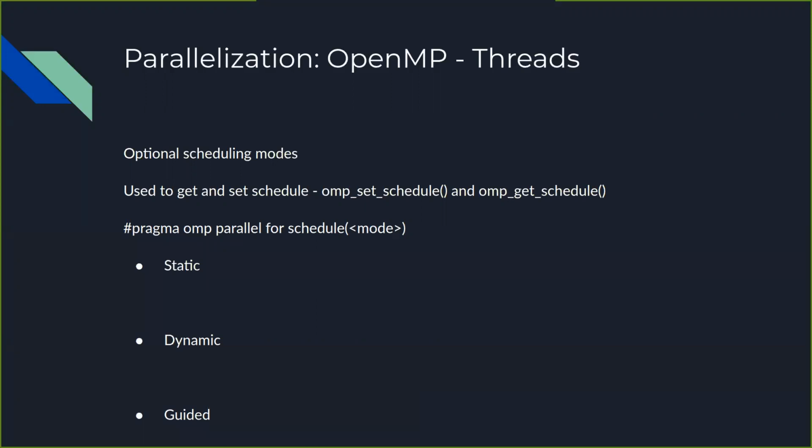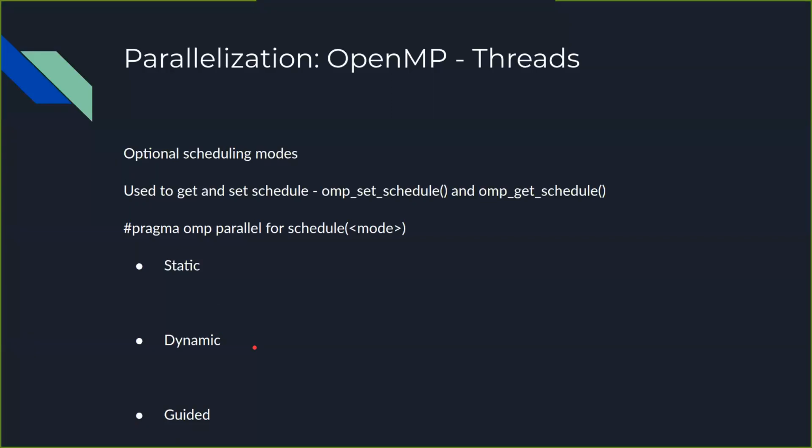And data at index 4 will go back to thread 0 if you have the number of threads as 4. The thing I just described is the static scheduling mode. There is also dynamic and guided scheduling mode. Static is round robin.